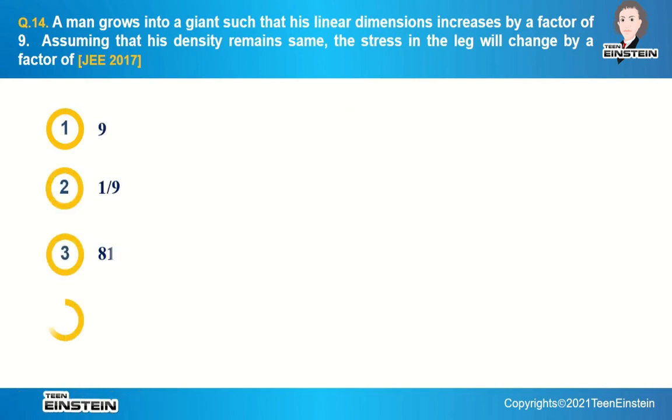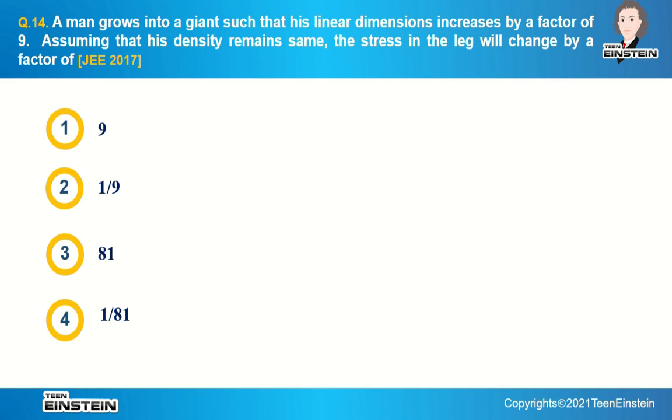Okay, the next question is, a man grows into a giant such that his linear dimension increases by a factor of 9. Assuming that his density remains the same, the stress in the leg will change by a factor of. So here a man is growing into a giant, and we have to calculate the stress, that is, by what factor it varies.